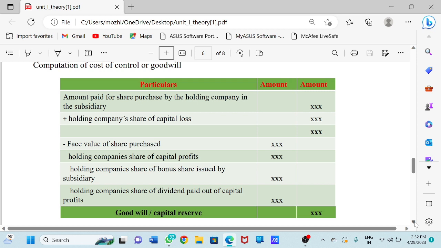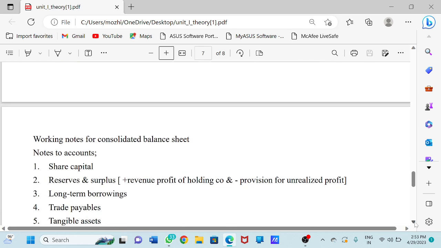If we have any capital profits of the holding company, of course, we will have that which we did in the working notes. Then the holding company's bonus shares allocation, and if they have paid any dividend that belongs to the holding company. So all these things we will add back and deduct from the previous one. From this, if we get the figure in positive, it is called goodwill. If we get the answer in negative, we can ascertain that as a capital reserve.